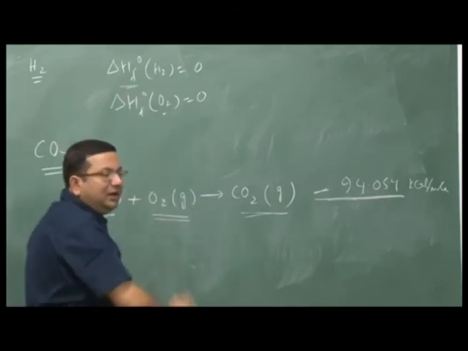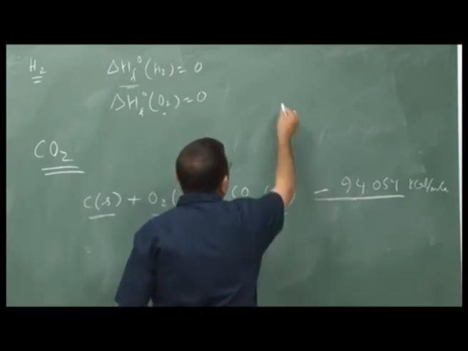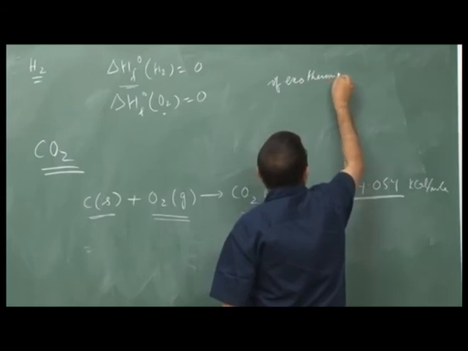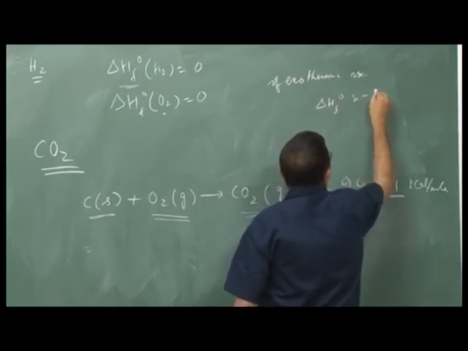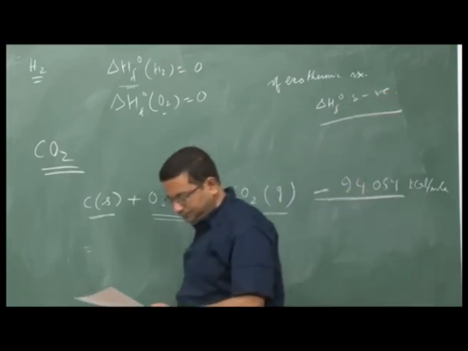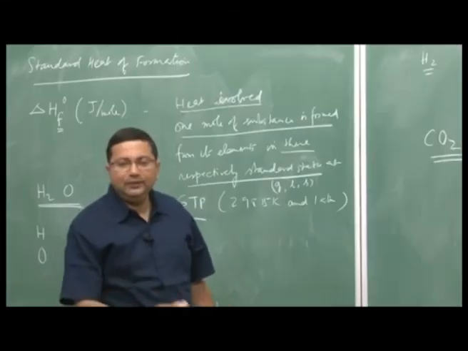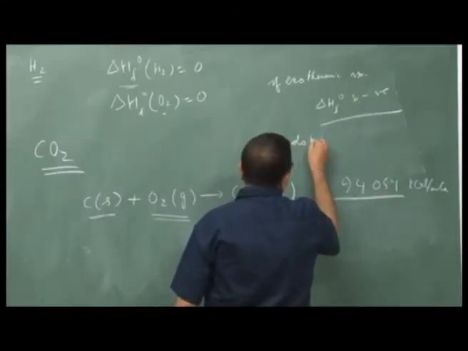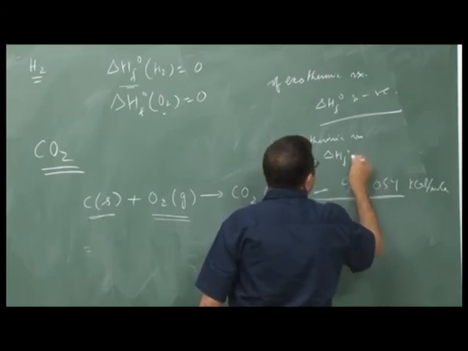So, if the formation reaction is exothermic, delta HF naught is negative. And in the reverse, for endothermic reactions, delta HF naught is positive.